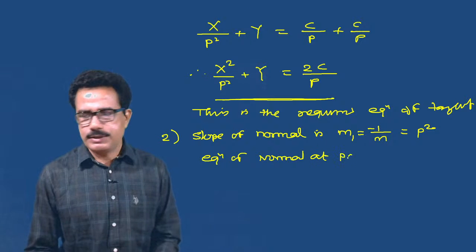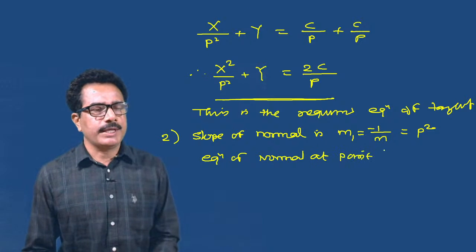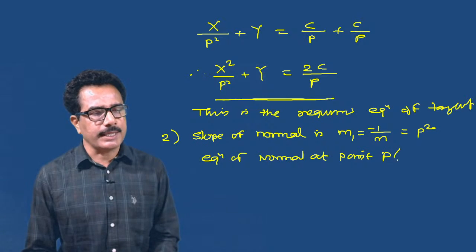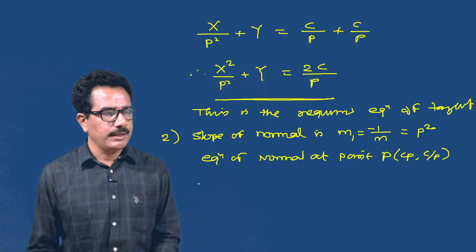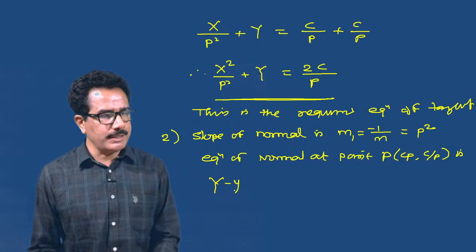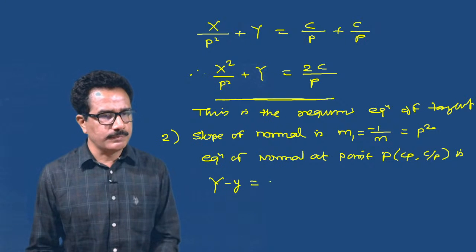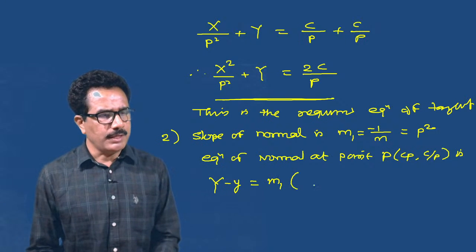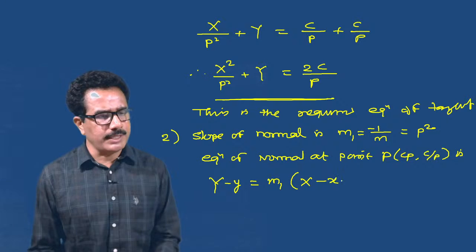at the point p in a bracket cp comma c divided by p: capital Y minus small y is equal to m1 in a bracket x minus small x.